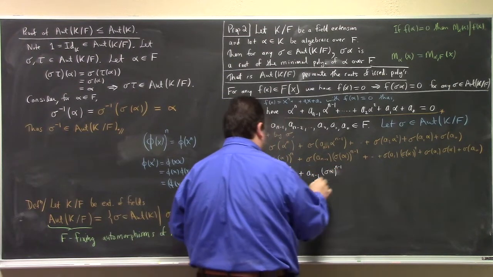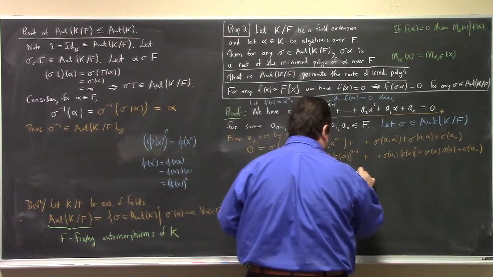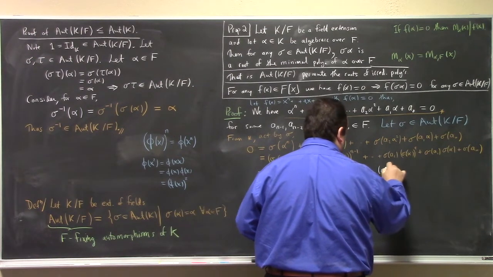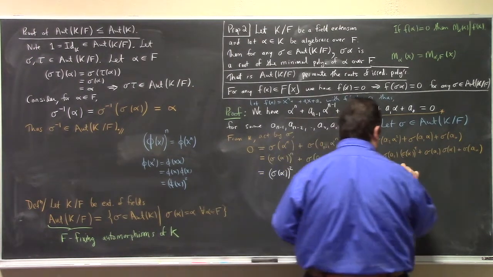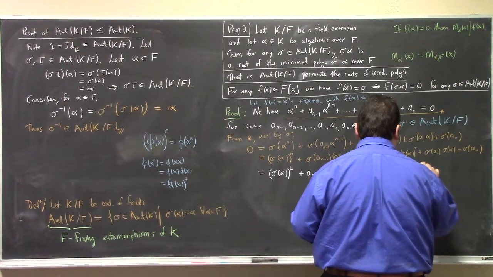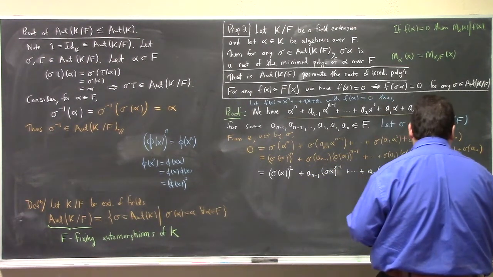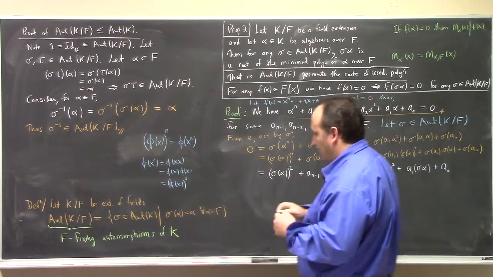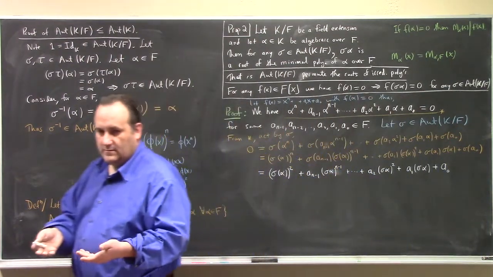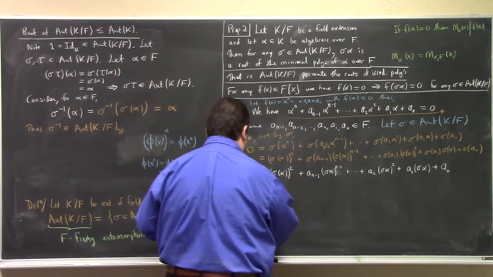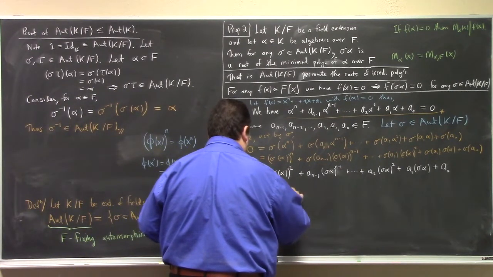Do you see why I didn't write the parentheses? a2, sigma alpha squared, a1, sigma alpha plus a0. But that is precisely f of sigma alpha.